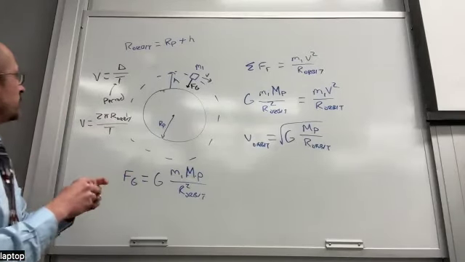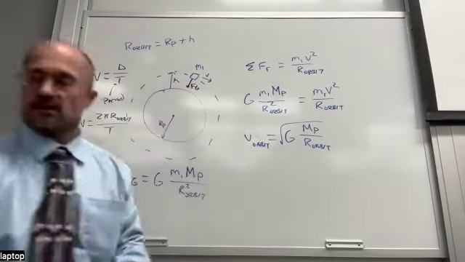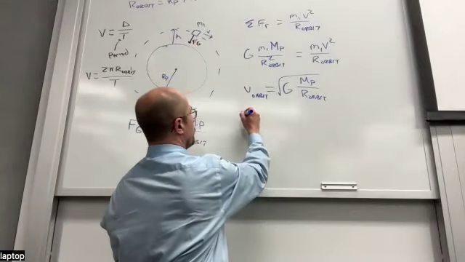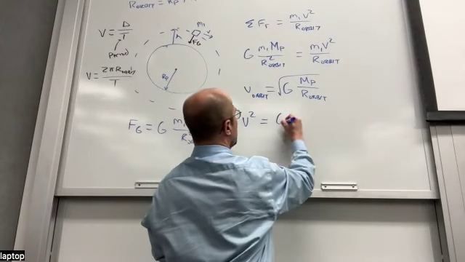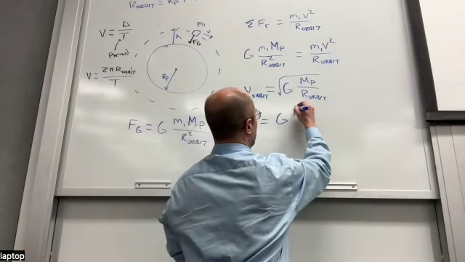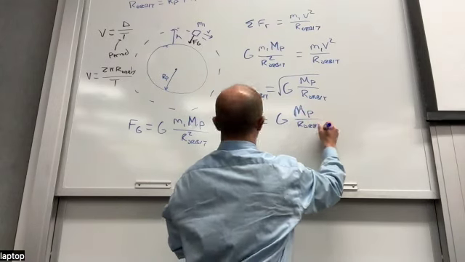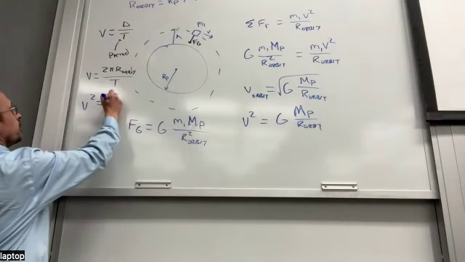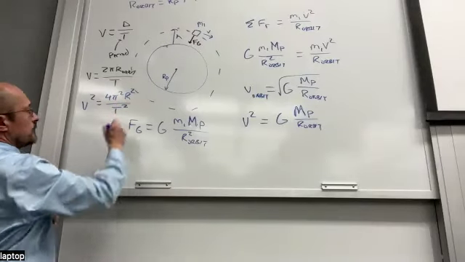So what's really easier to do is to go back to the squared form of this. So if we go back to the squared form, we'd have v squared is equal to big G, big M of the planet over r of the orbit. Now if we square this, we have v squared is 4 pi squared r squared over T squared.